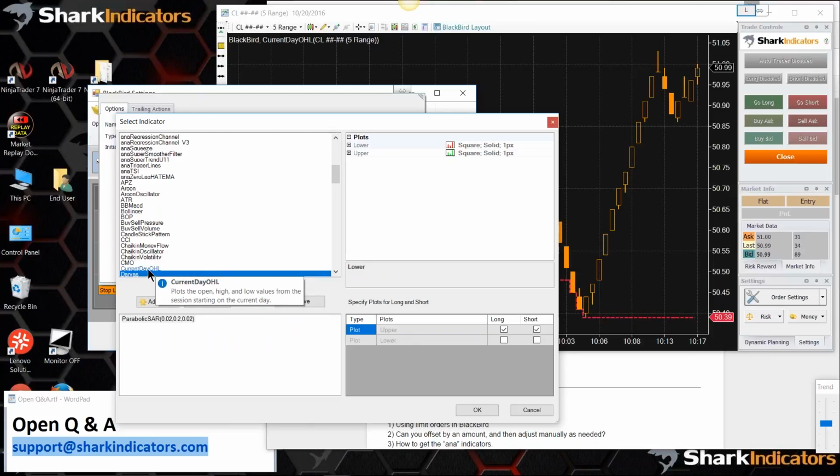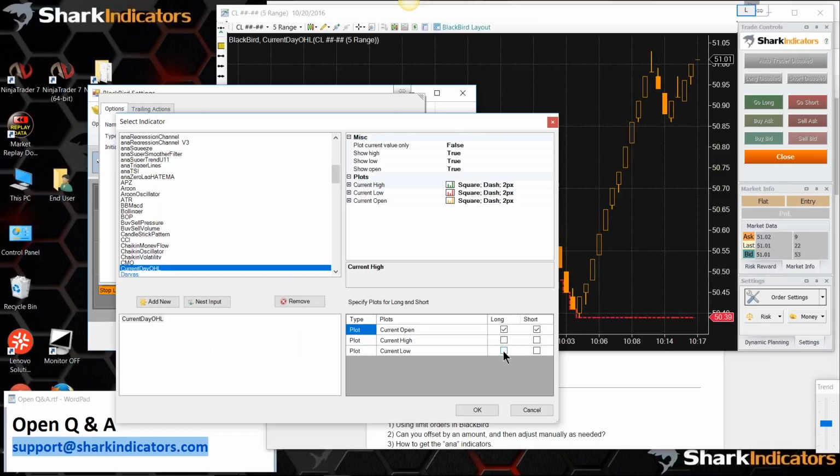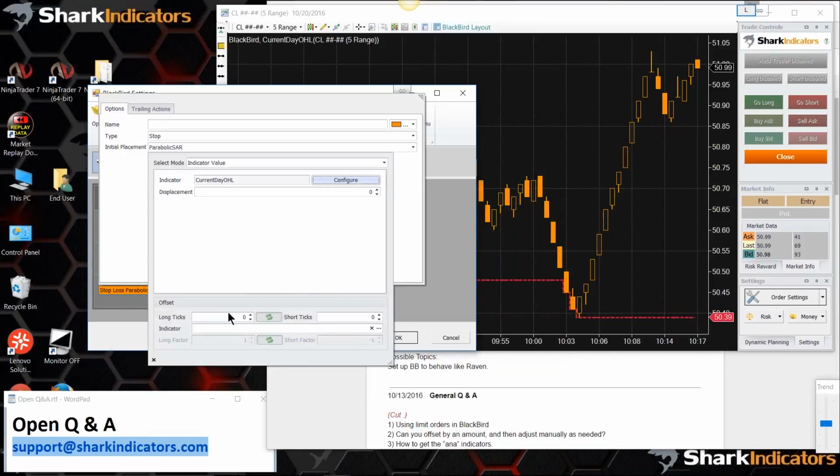So let's go find that indicator. There it is. There's our indicator. All right, so for a long trade, we're taking a long trade off of the current low, and we're taking a short trade off of the current high. So get those set correctly. There we go.